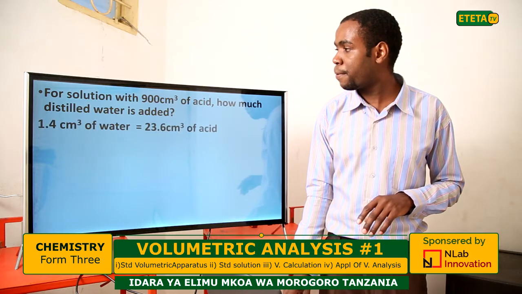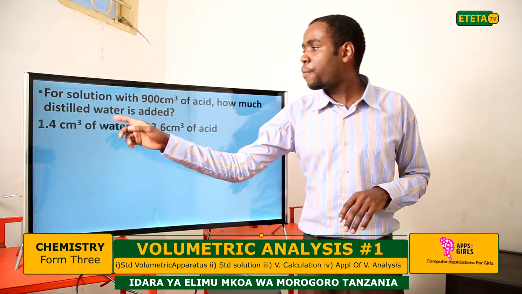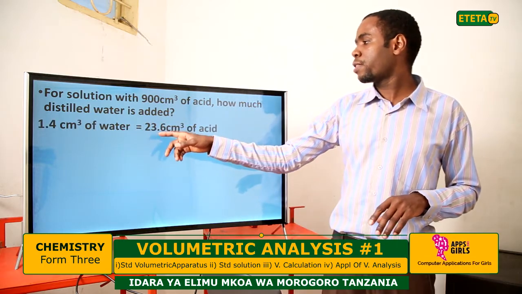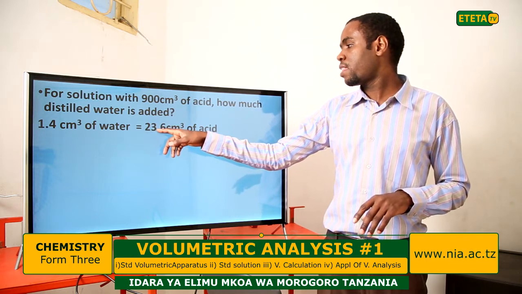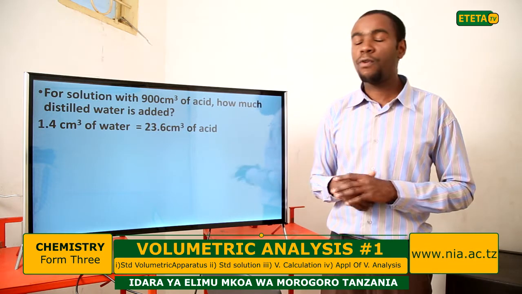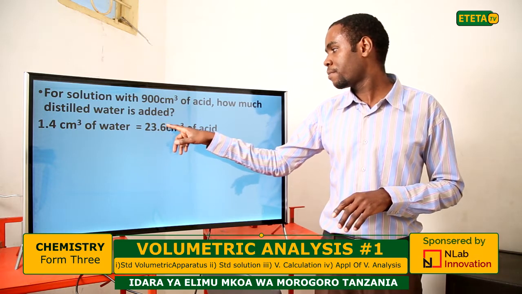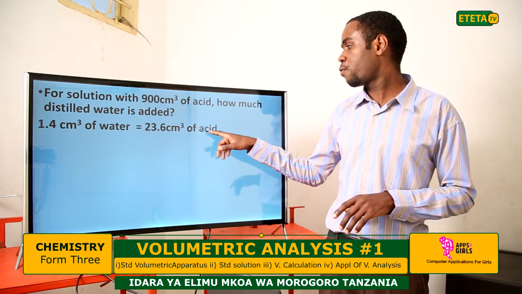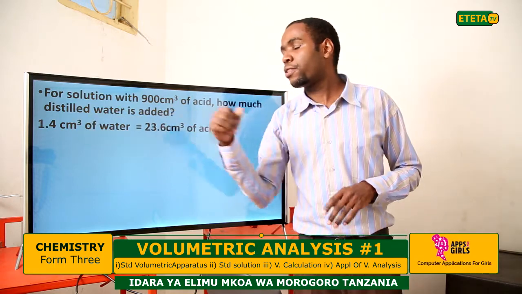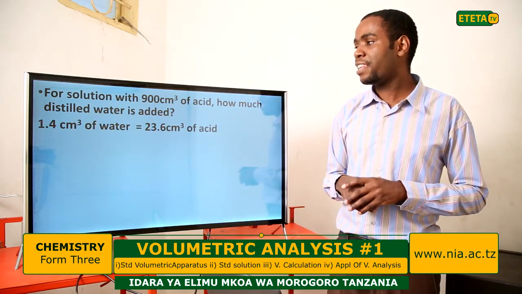Now, from the relationship, for 23.6 centimeter cube of acid, we added 1.4 centimeter cube of distilled water.